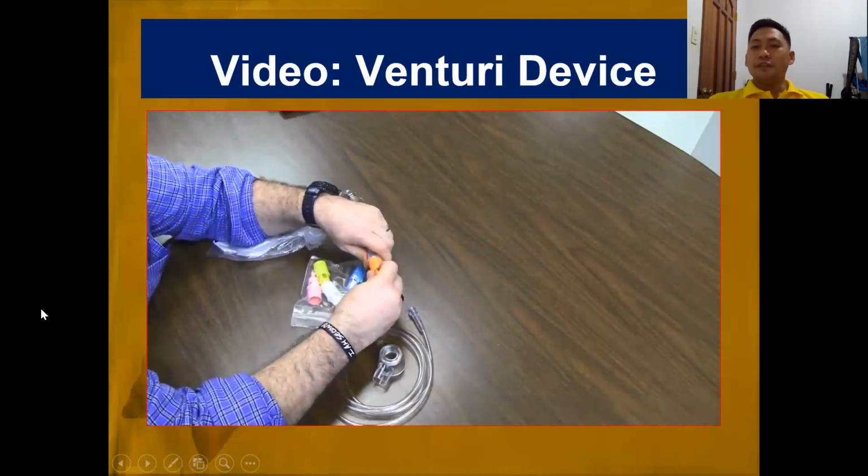So the principle of the Venturi device is that, aside from the oxygen source being regulated, it also pulls in atmospheric air.